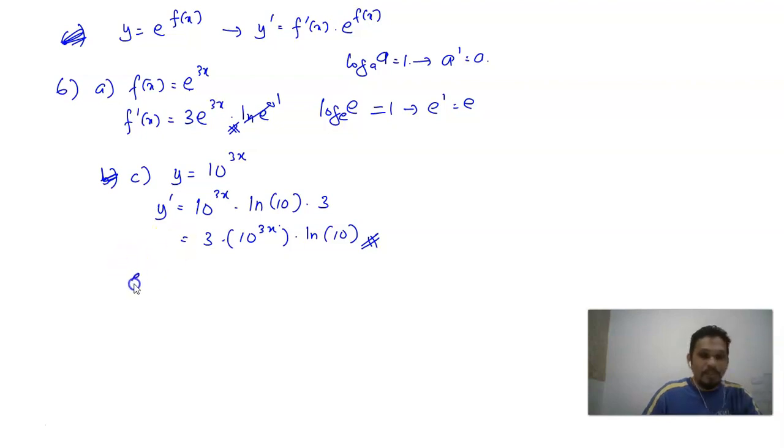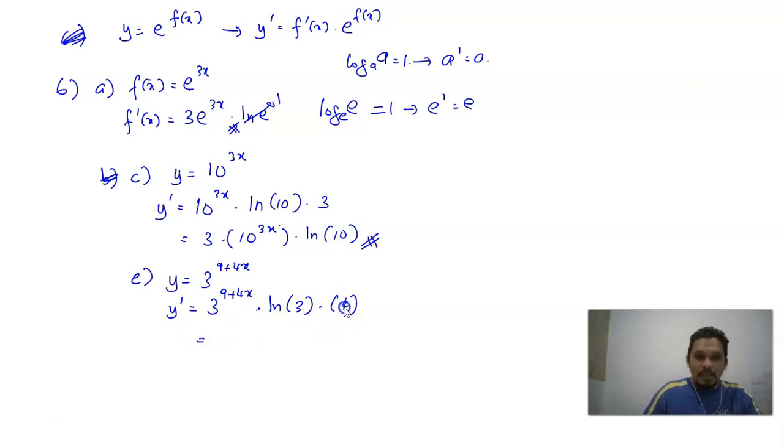E. Question E. y equal to 3 power of 9 plus 4x. Then y prime equal to, write down all this again, 3 power of 9 plus 4x, and then natural log of 3 multiplied with derivative of 9 plus 4x, equal to 4.